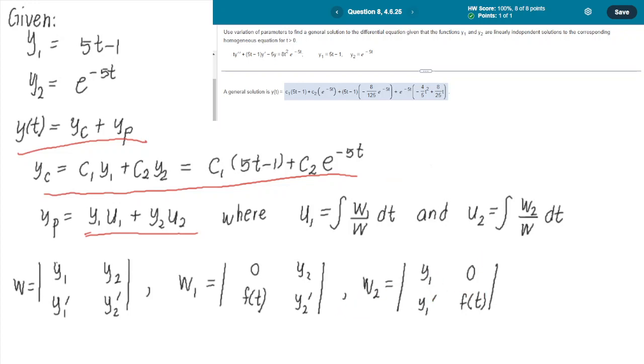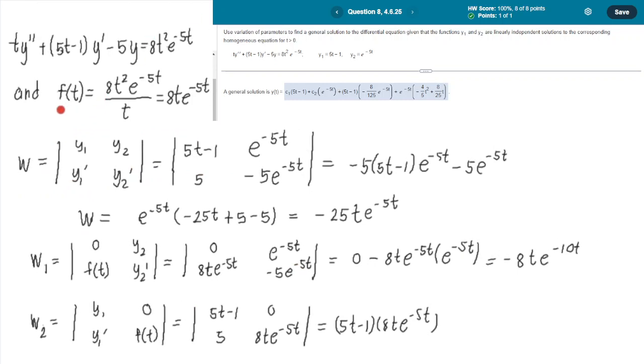And then let's find our f of t. Our f of t will be used in finding our w sub 1 and our w sub 2. Since this is our IVP and this is the right side expression of our equation, we just divide this expression by the literal coefficient of the y double prime, so that our y double prime term won't have any literal coefficient.